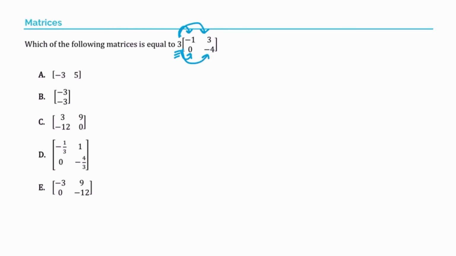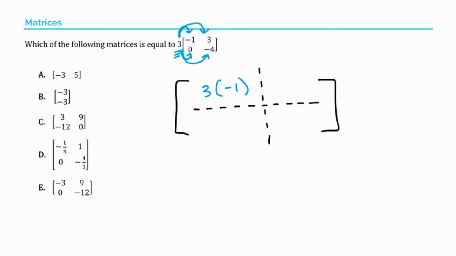So what I'm going to do is basically redraw this 2 by 2. I'm going to put little tick marks just to show clearly which quadrant. So in this upper left quadrant, I'm just going to take that 3 and multiply it by the -1 that's in there. Lower left, I have that 3 on the outside times the 0.